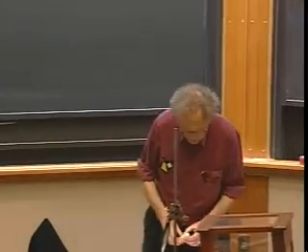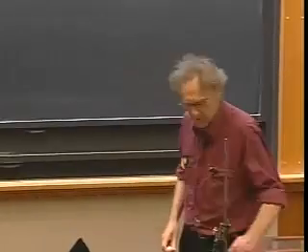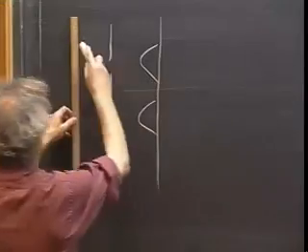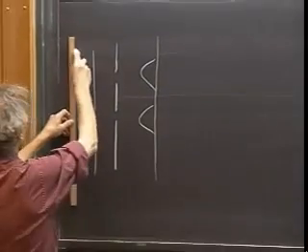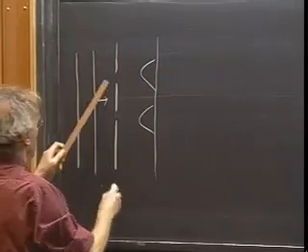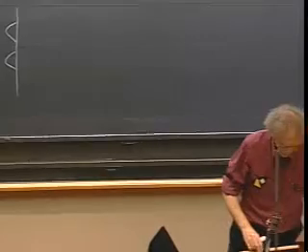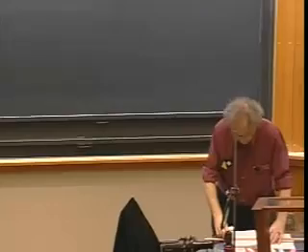But the situation is different when we deal with waves, because the moment that you have waves coming in, say, for instance, we have plane waves coming in like this, then the wave can go through both openings simultaneously, and that changes the picture quite dramatically.